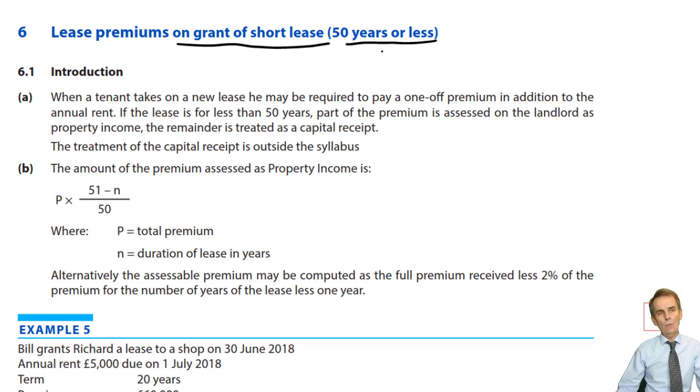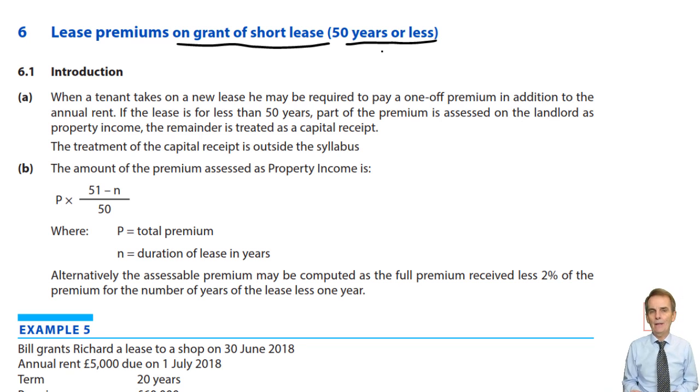But as you might think, if we're dividing a one-off receipt of cash, this premium received, between income and capital, there's going to be some basis by which we split that total premium receipt between how much is income and how much is capital. And it works on a pretty common sense basis.